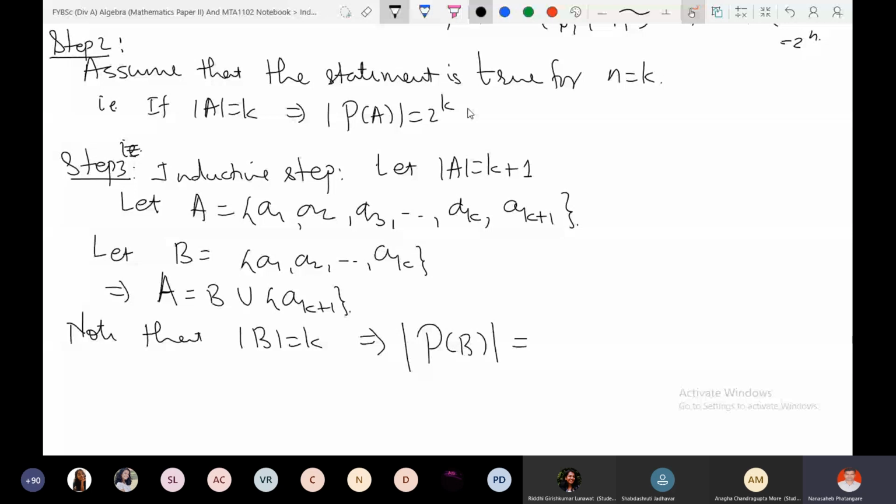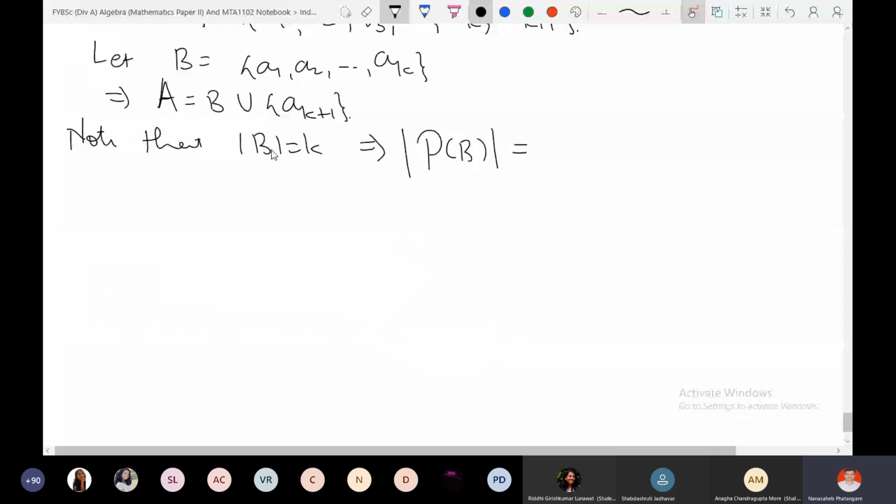And here the cardinality of B is K. So by the induction hypothesis, the cardinality of the power set of B must be 2 raised to K.